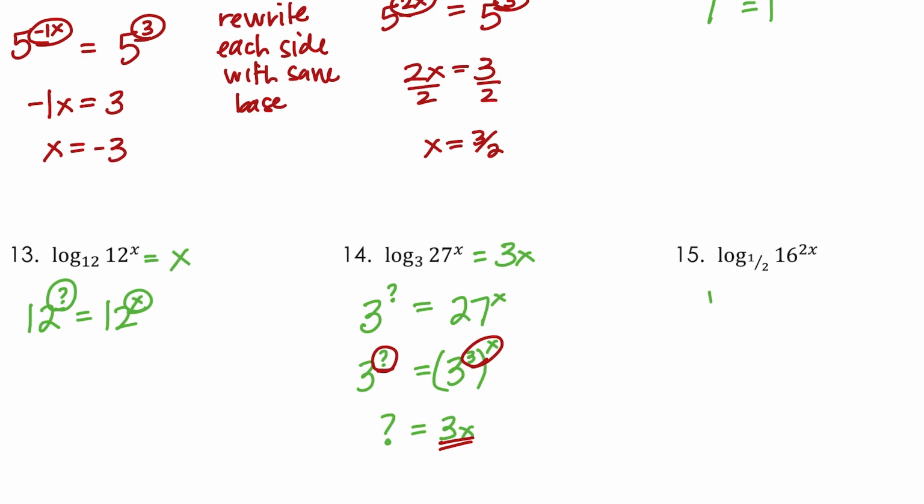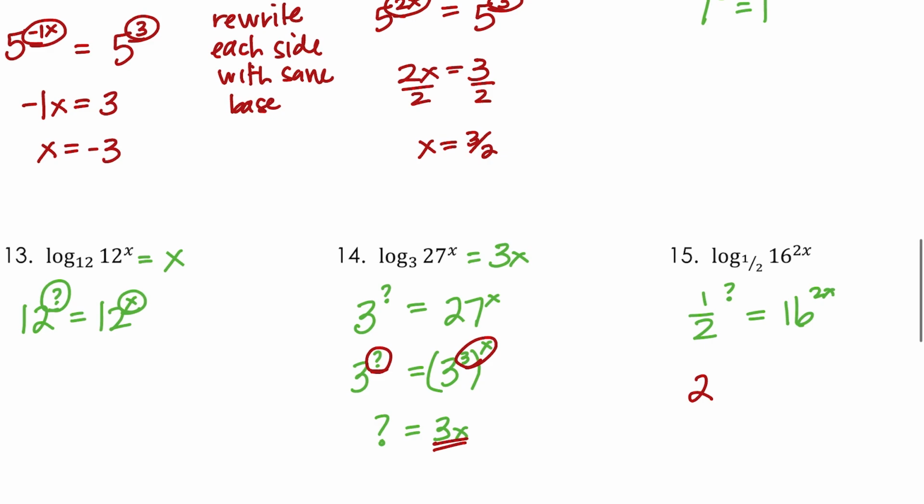I have 1/2 to what power equals 16 to the 2x. This one looks pretty intense. And just like we did up on the top, we want to rewrite both things to the same base.